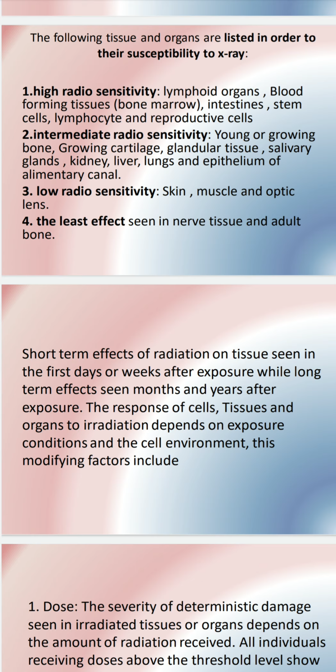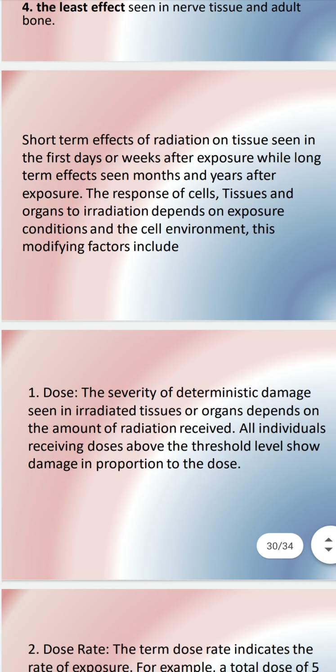These modifying factors include dose. The severity of deterministic damage seen in irradiated tissue or organs depends on the amount of radiation received. All individuals receiving doses above the threshold level show damage in proportion to the dose.